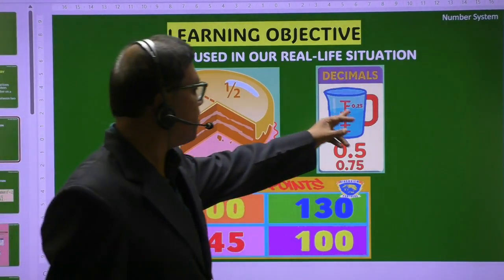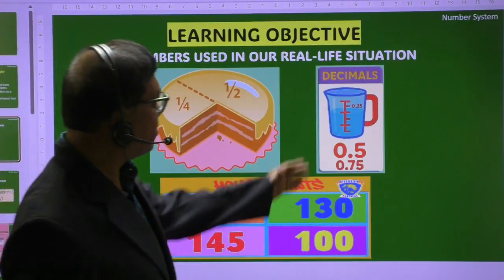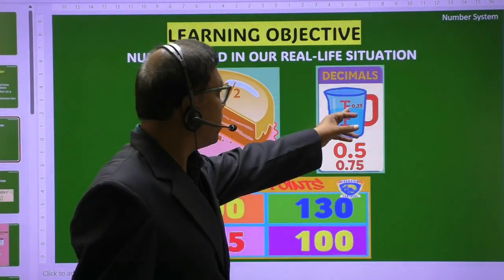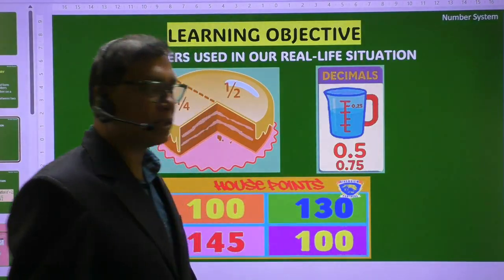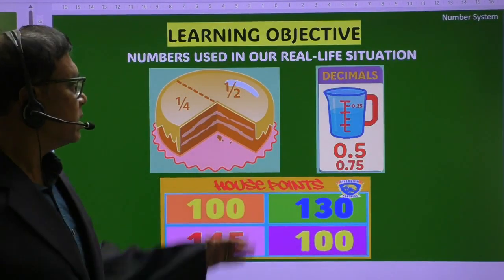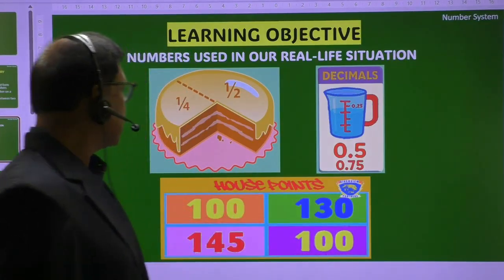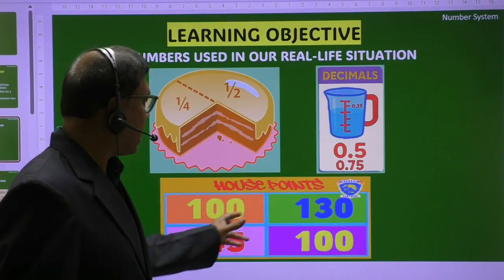Again see here one measuring glass. What we are observing here, 0.25, 0.5, 0.75 like this. So this is one kind of number. Again see, these are the house points.